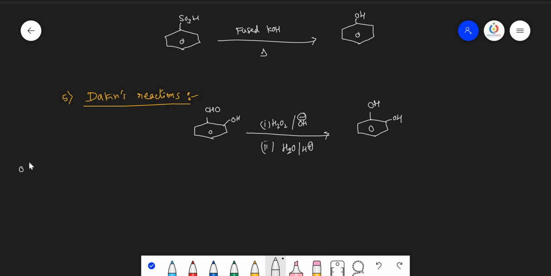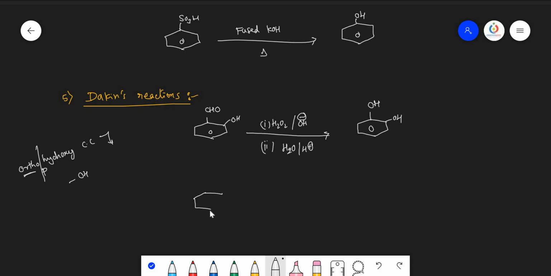So here I'll write ortho hydroxy carbonyl compounds shall be converted to the diols, OH groups. So ortho or para. One more condition is there. It may be at ortho position or at para position. So the OH group must be at ortho position or para position.